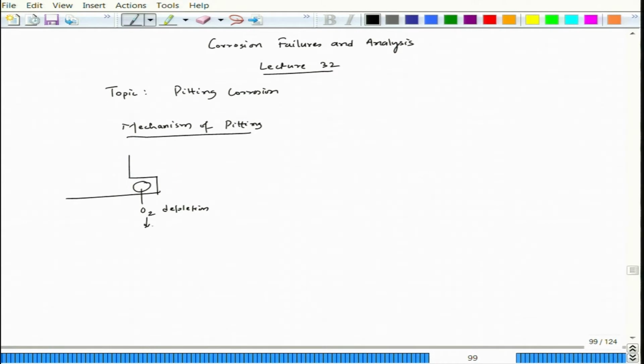That led to excess Fe++ generation, because this portion will be anode, and Fe++ in excess amount.